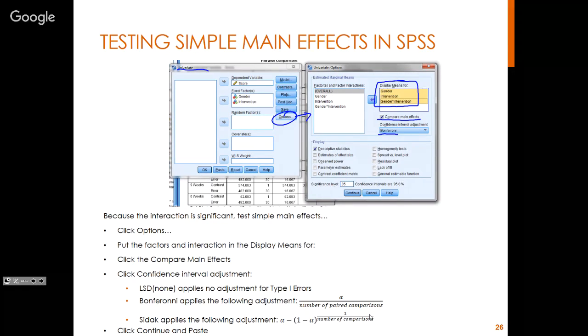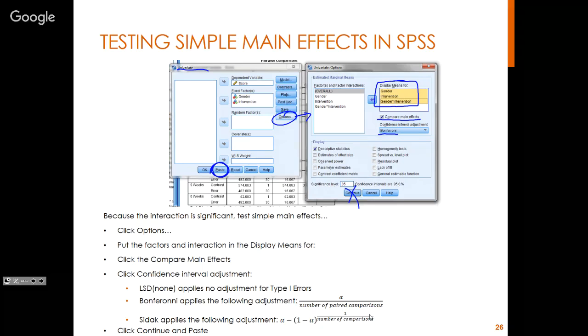So it's similar to how you got the complete contrast in the repeated measures where you had to put it over there and then compare main effects, et cetera. And now, whenever you do that and you continue, you click on the paste instead of directly OK. It knows what to do with that if you just click OK, but we want to change it up just a little bit.